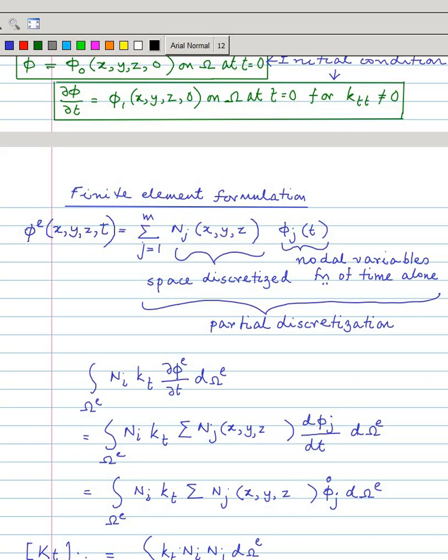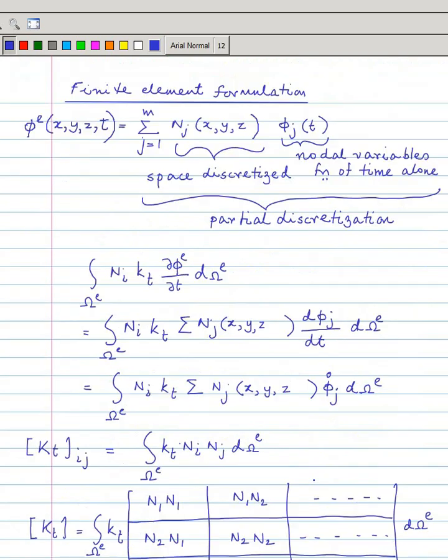Now when you take derivative with respect to time, the shape function will not get differentiated, but the nodal variable, being a function of time alone, will get differentiated. So we have written d because it is only a function of time. We can write this as d dot.